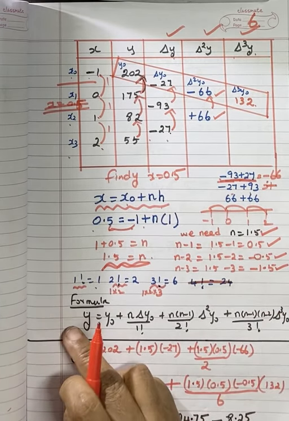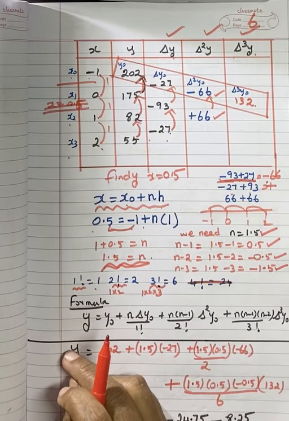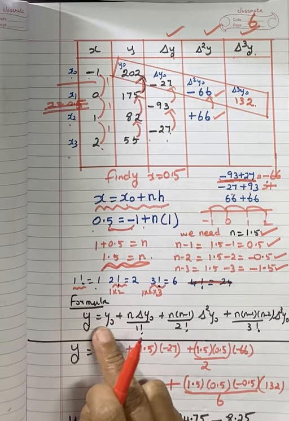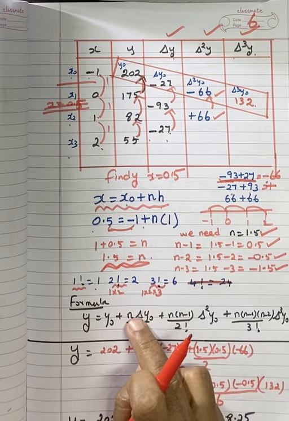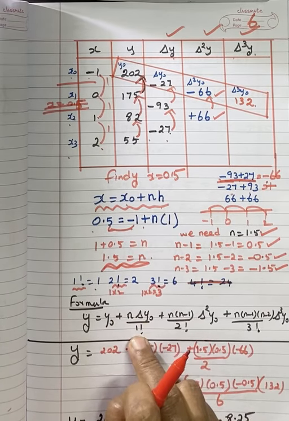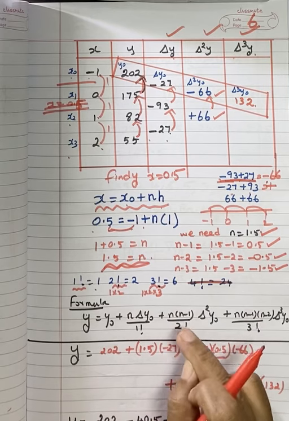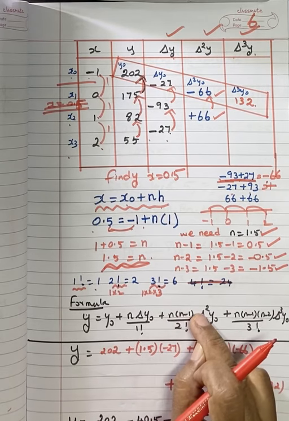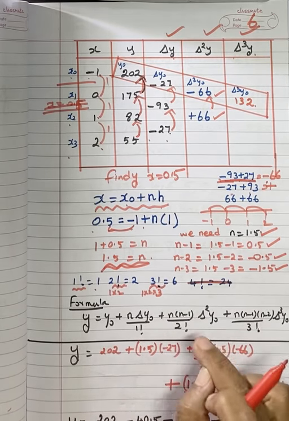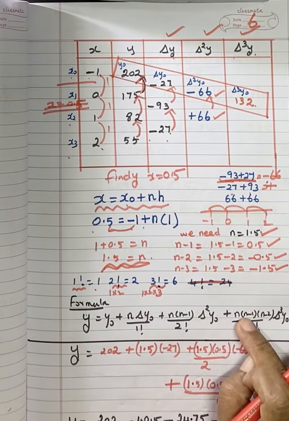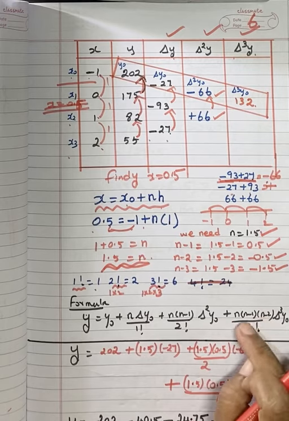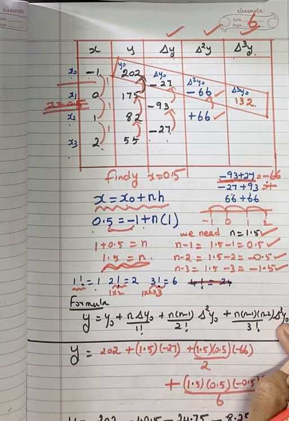What is the formula? Gregory-Newton forward formula is y equal to y naught plus n, N you have found out, into delta y naught by 1 factorial plus n into n minus 1 divided by 2 factorial delta square y naught plus n into n minus 1, n minus 2 by 3 factorial delta cube y naught.